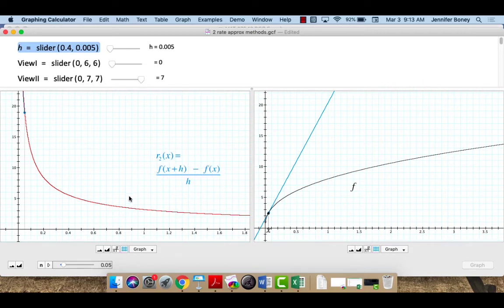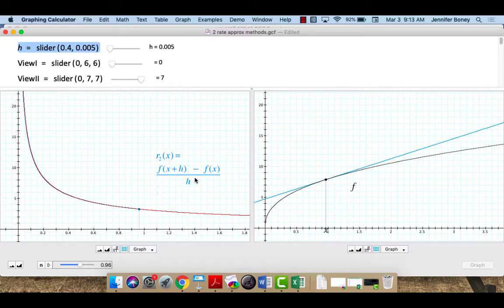Just instead of expressing it with numbers between two specific points, this is for any particular value of x I want to pick. I'm going to use my x value, and I'm going to use a value h units, for a generic value of h, to the right of that, so x and x plus h, and then find the slope, or the ratio of the changes in y to x, vertical to horizontal, dependent to independent, whatever terms make most sense in your situation.